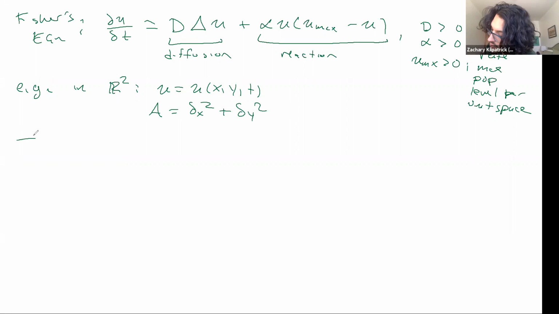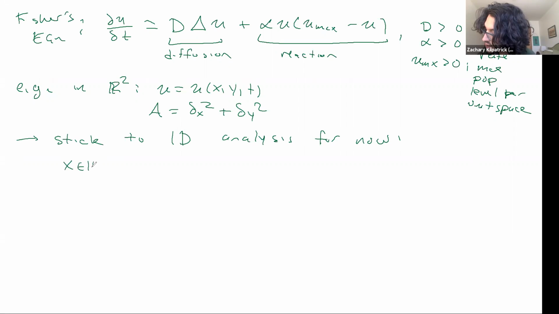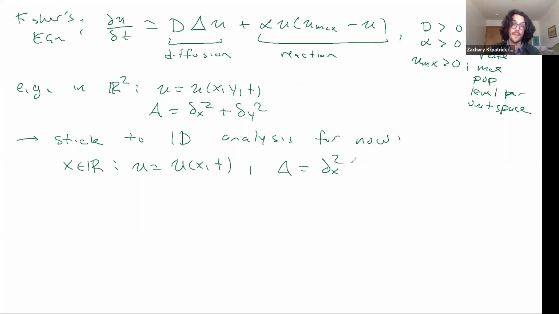Let's stick to 1D analysis for now, okay. And so in this case, x is in R, u is equal to u of x, t, and the Laplacian is just equal to dx squared, okay?